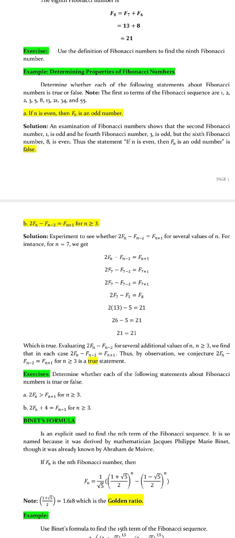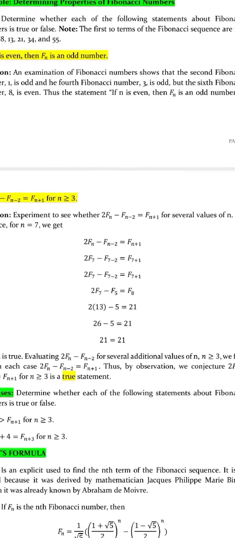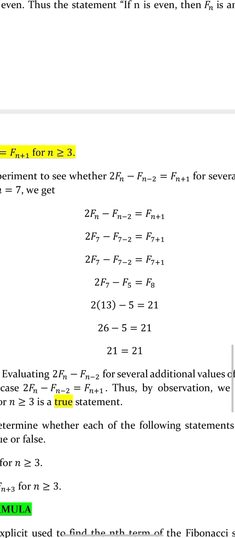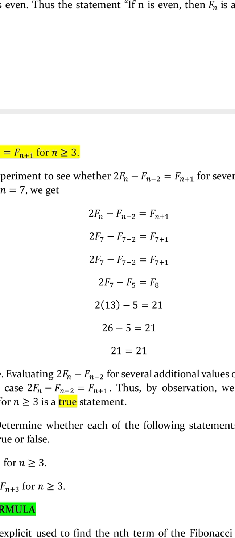For instance, let n be equal to 7. I can replace the subscript n by 7. So, I have 2 f7 minus f5 is equal to f8. The value of f sub 7 is 13. F sub 5 is 5.